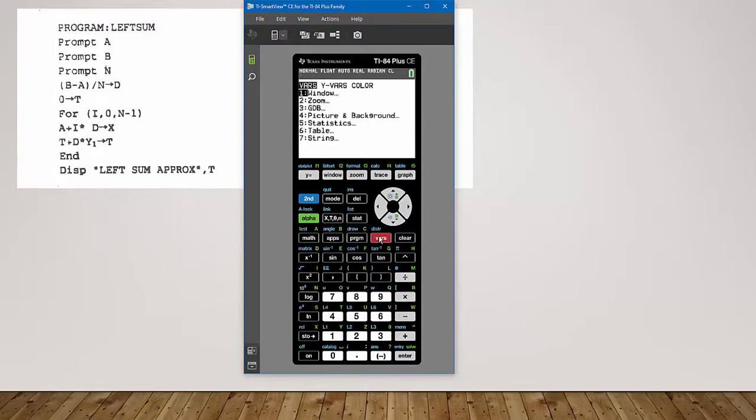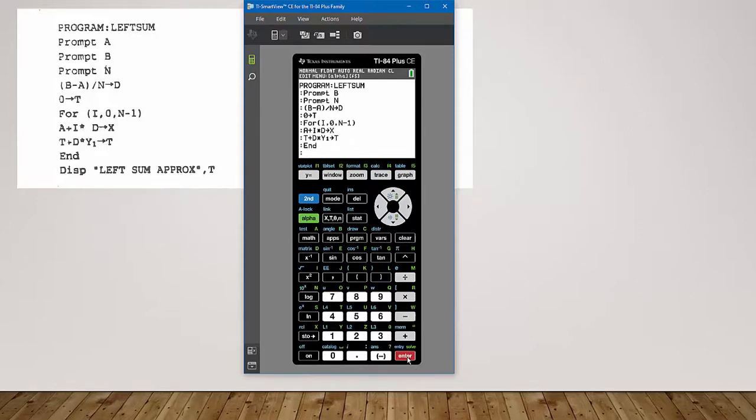So remember Y sub 1, VARS, over to the Y-VARS function. That gets stored to alpha T. And then End. So let's see, programming End is number 7.